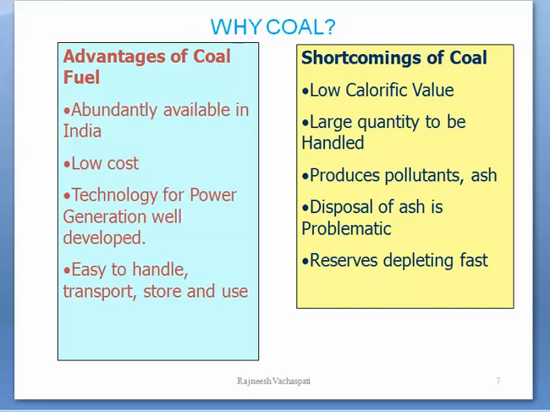It produces pollutants such as carbon dioxide, carbon monoxide, SOx, NOx. Ash is also formed, which is a nuisance. The disposal of this huge amount of ash generated because of the combustion of coal is a problem, and coal is a fast depleting source of energy.